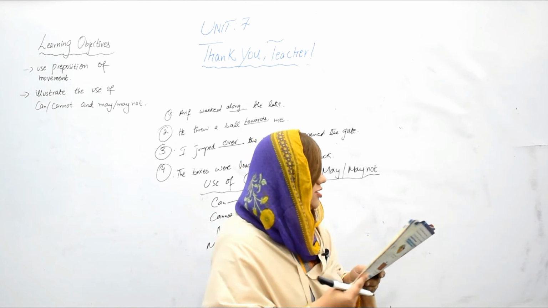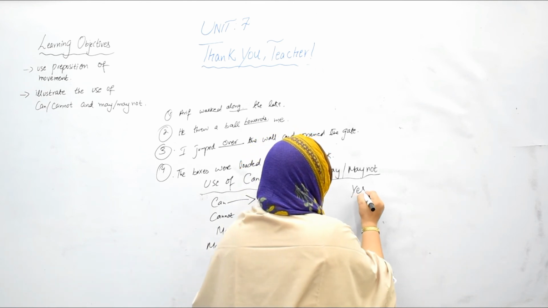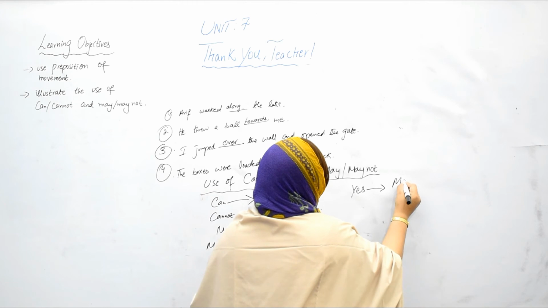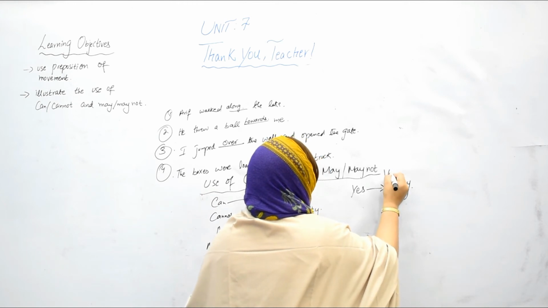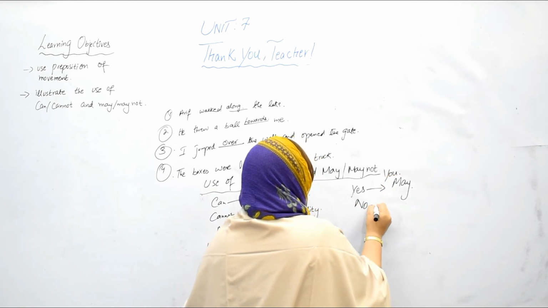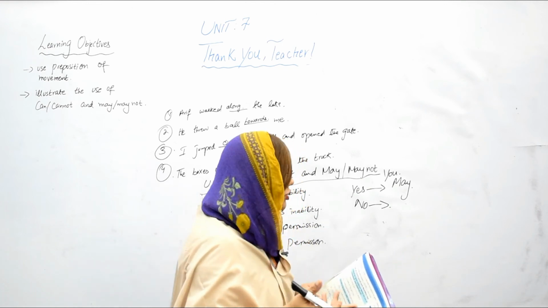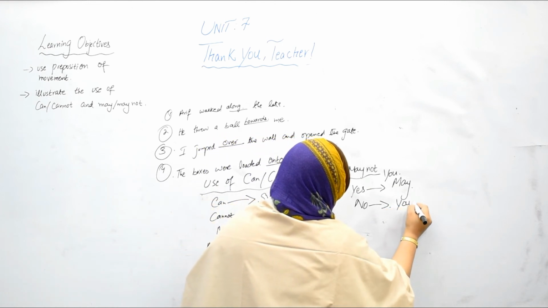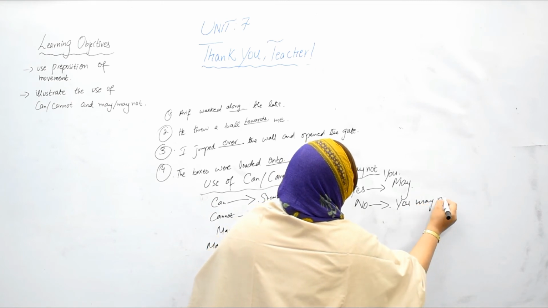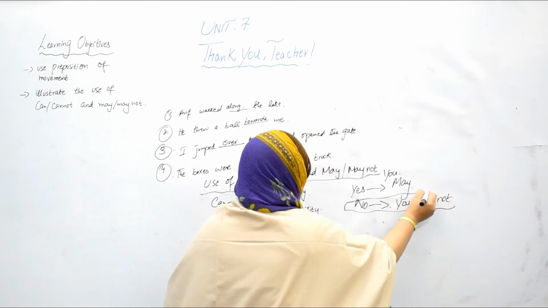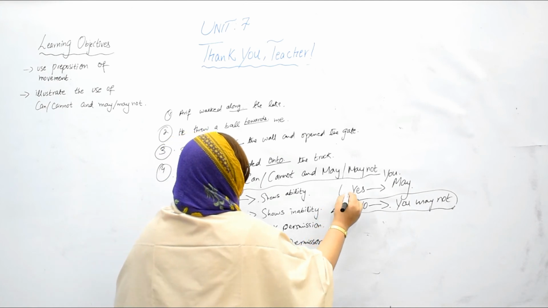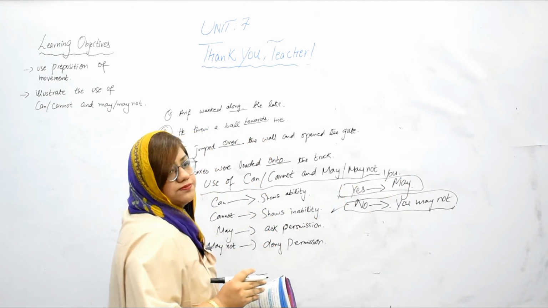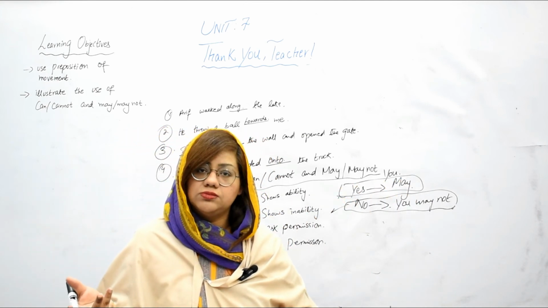So don't forget, where the option is yes, you just write you may. Where you have written some kind of no permission, you write you may not. This is a kind of denying permission. This is a way of seeking permission: May I.